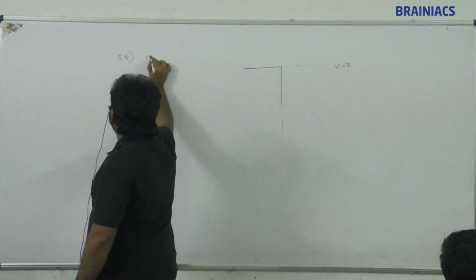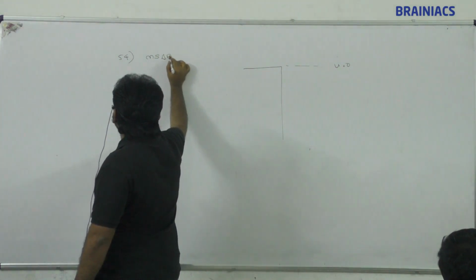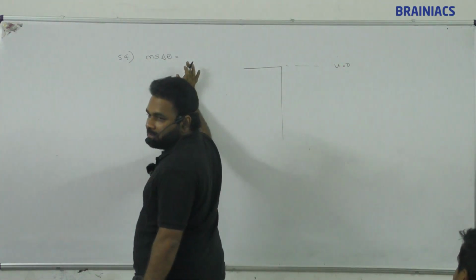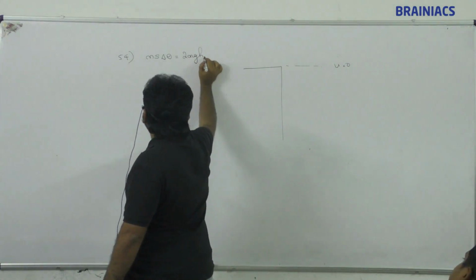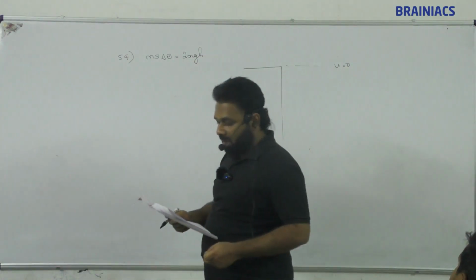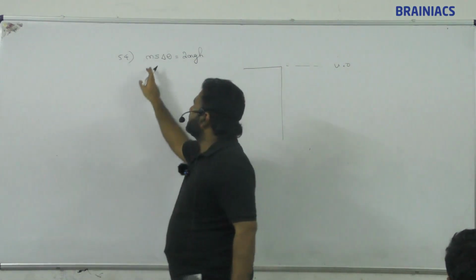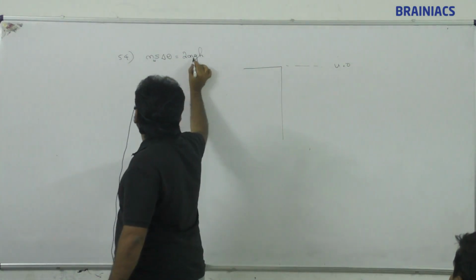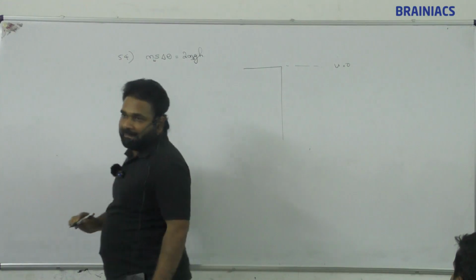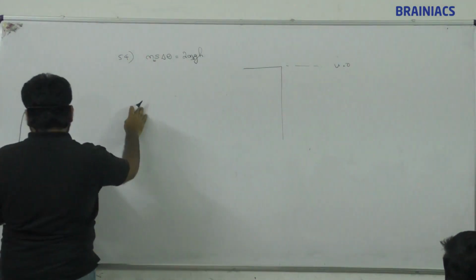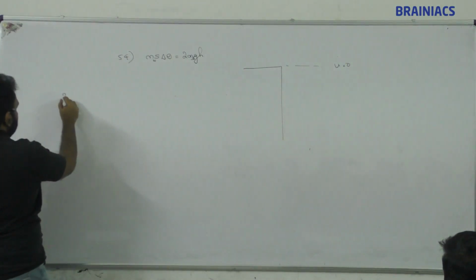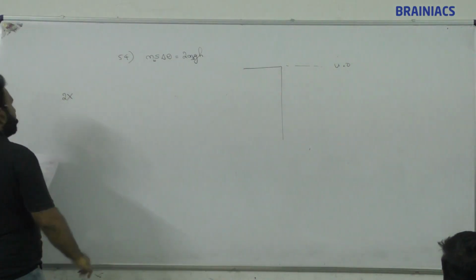So what is the question number? 54. So m s delta theta is equal to the energy of the 2 stones, mgh plus mgh, 2 mgh. So this is the mass of the water, this is the mass of the stone. Clear? Done. Mass of the water is 2.